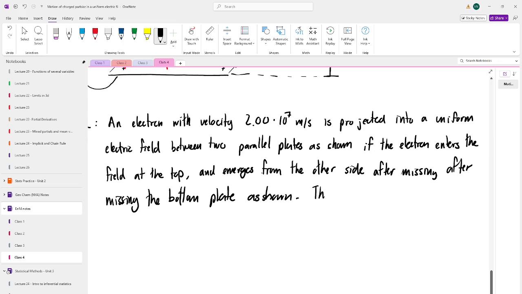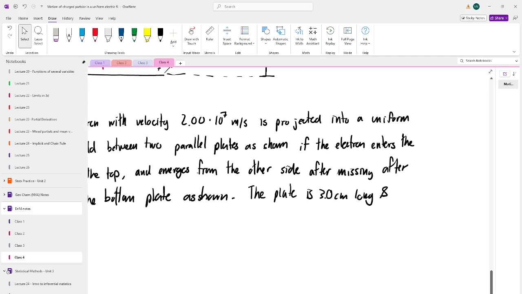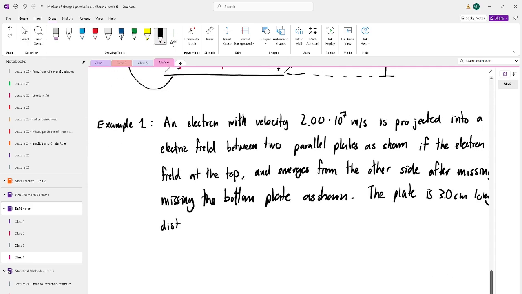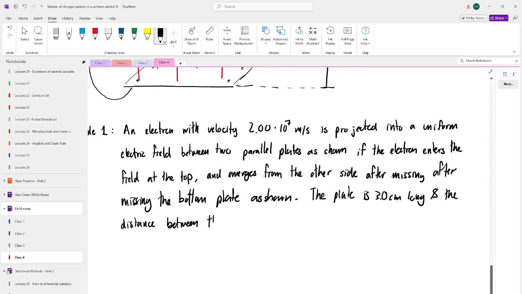and then they tell us that the plate is 3 centimeters long and the distance between them is 2.0 centimeters.